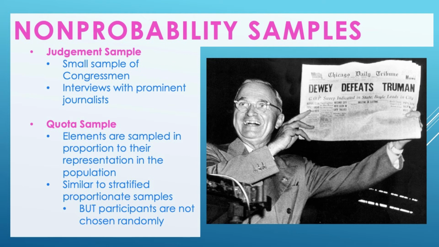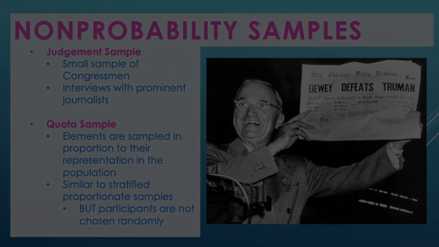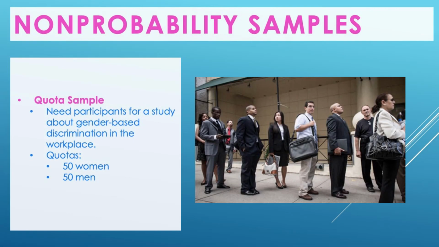But what's unique about a quota sample is that elements are sampled in proportion to their representation in the population. So it's very similar to a stratified proportionate sample, but the key difference is generally participants are not chosen randomly. So what does this mean? Well, let's imagine that we needed participants for a study to talk about gender-based discrimination in the workplace.